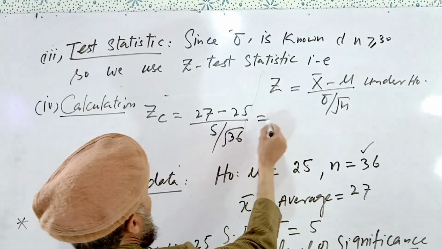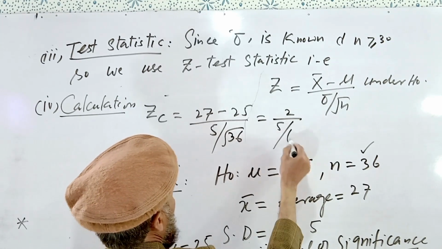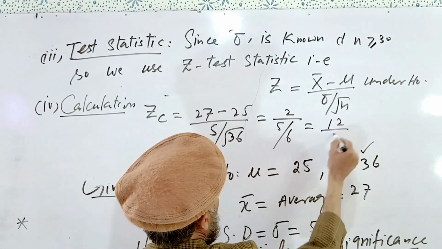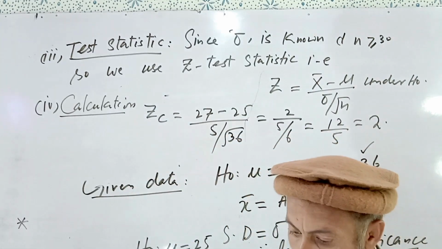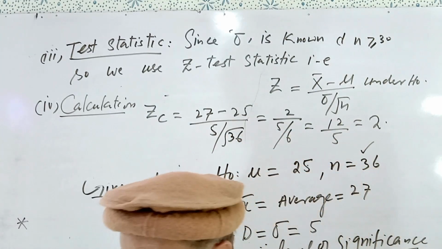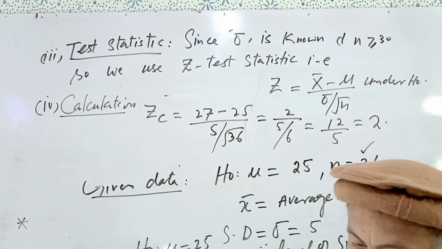If we calculate this value, 2 divided by 5 over 6 is equal to 12 divided by 5. Using the calculator, we get 2.4.